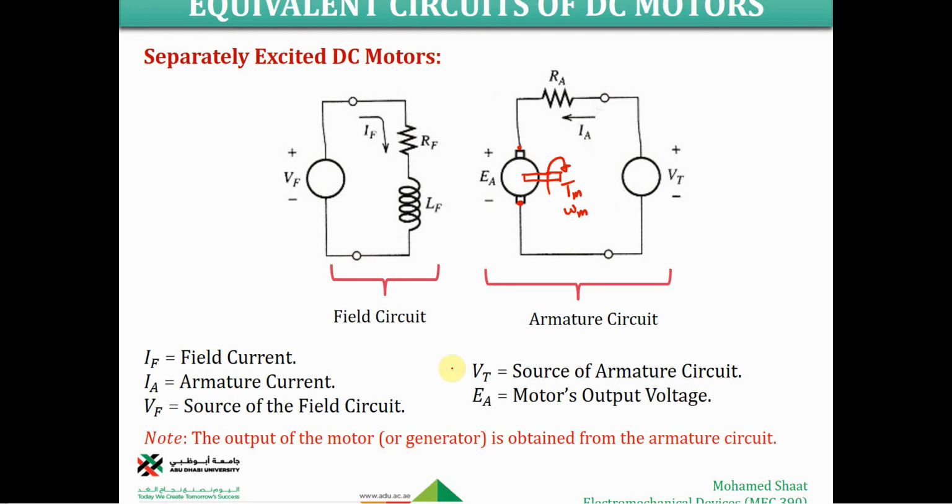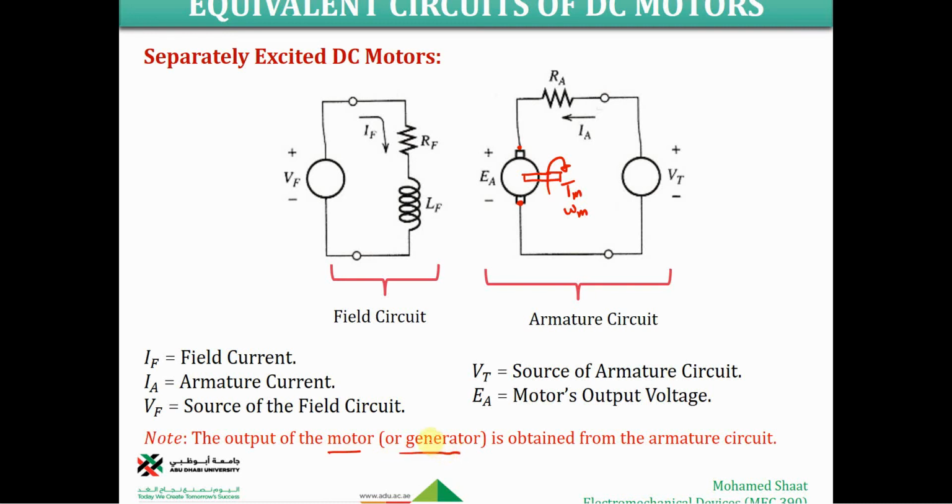Something that you should understand about the DC motor in general is that the output of the DC motor, which is in the form of torque and speed, these are the two essential mechanical outputs that would be used for operating a machine or for different mechanical applications.